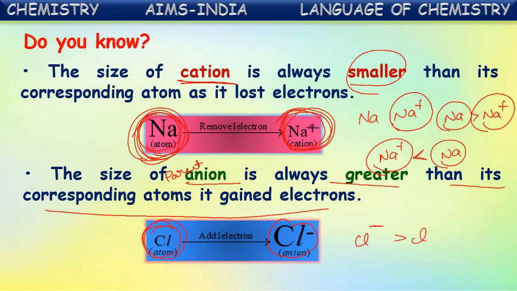The parent atom will always have a smaller size than the chloride anion. So it is bigger, it is smaller. It has a greater size because it is gaining electrons. Na plus is smaller because it is losing electrons. This is the parent atom. Between the parent atom and the anion, the anion will get the greater size. This is about the size.